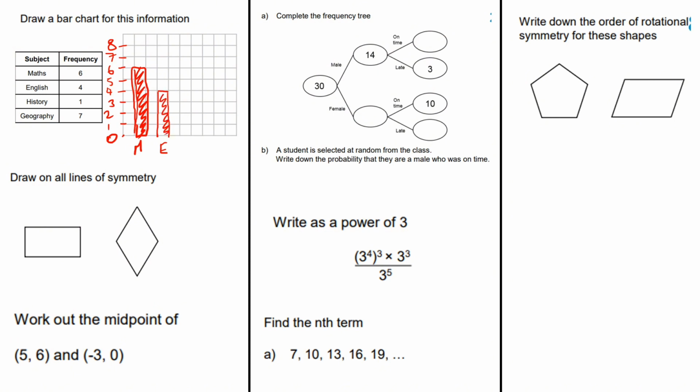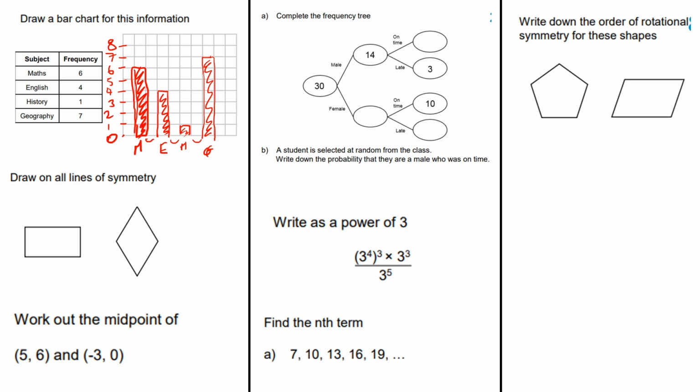And then history is going up to 1. And then we've got geography. Can you just pay attention to this, please, guys? That I'm just leaving equal gaps between them. And geography is going to go up to 7. And geography is here. Okay.